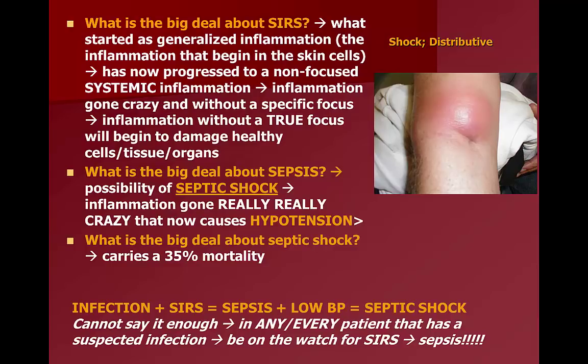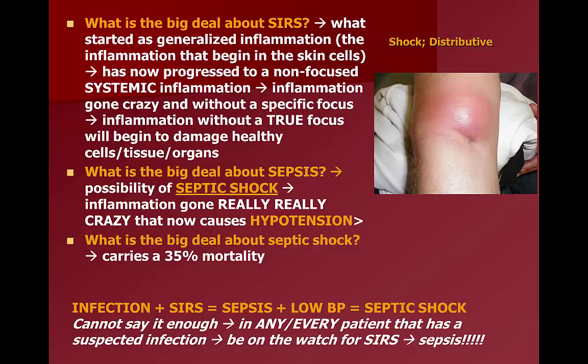So I can't say it enough that with any patient in the hospital, because they are at risk for infection or they truly already have a diagnosed infection, you have to be on the lookout for SIRS and therefore sepsis, because mechanisms are in place.